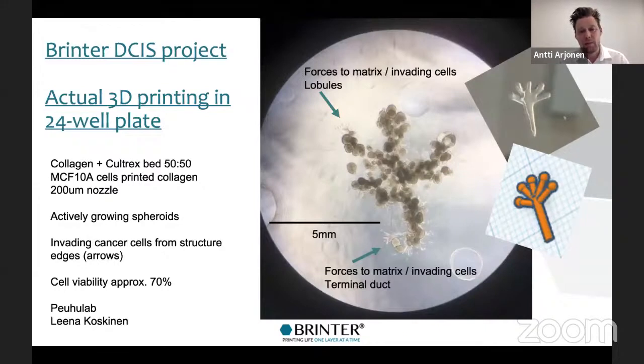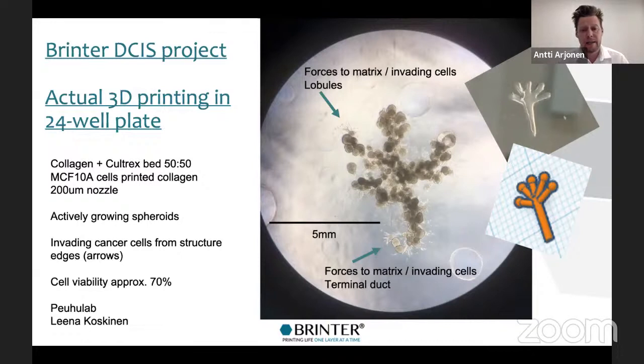We can actually modulate the matrix, so we can have the same stiffness that the breast cancer has. It's always a stiffer structure when we are talking about cancer. So we can modulate that.